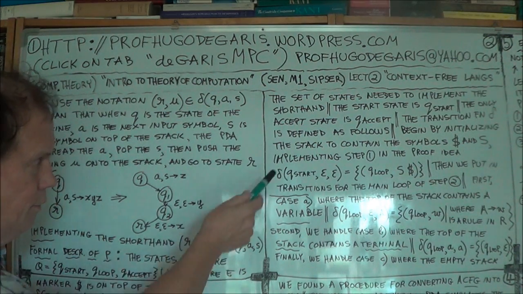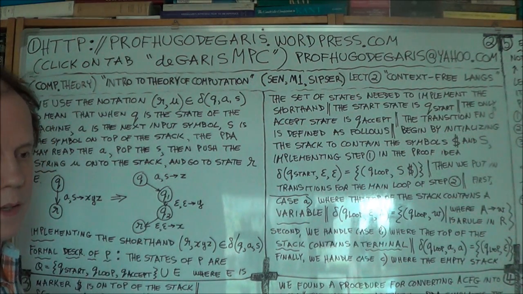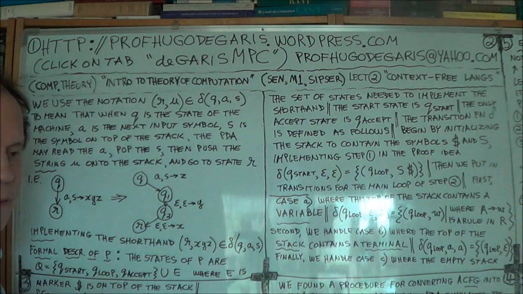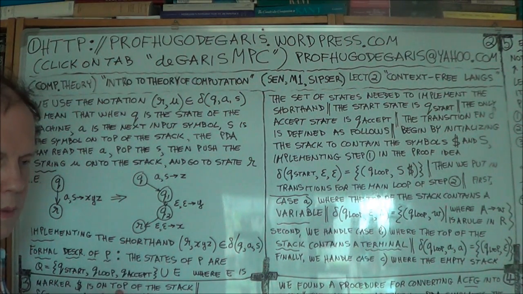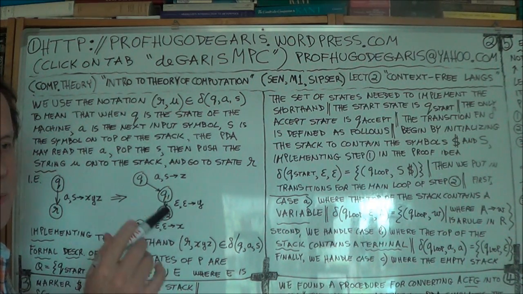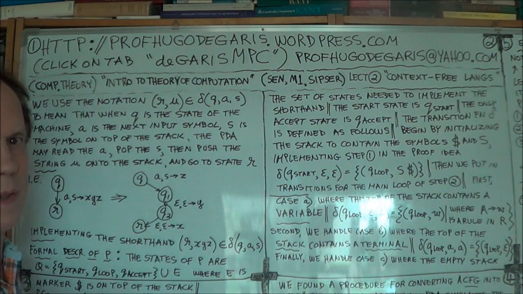Well, I'm getting a bit ahead of myself. You're looking at the top of the stack. You're seeing a variable, and then you go looking in your rule list for a substitution rule, where the left-hand side variable is equal to the variable at the top of your stack. Now there may be several of them, in which case you split.